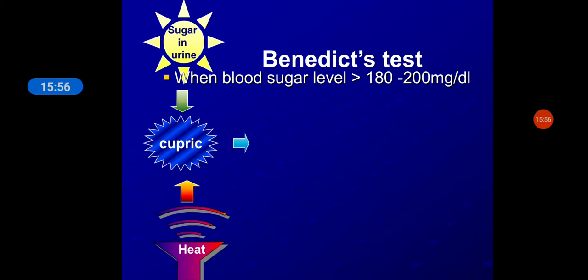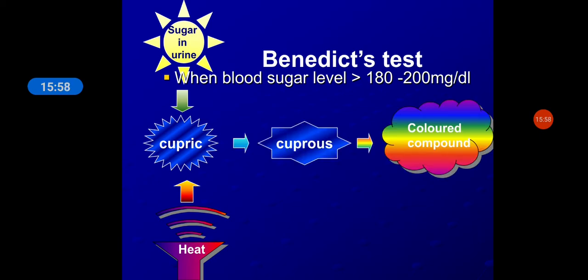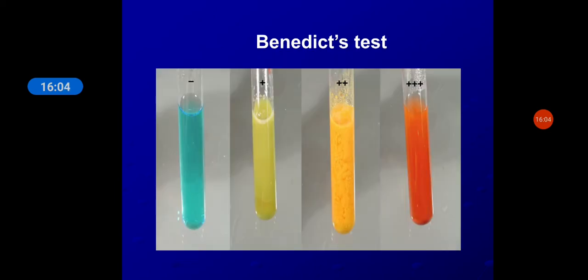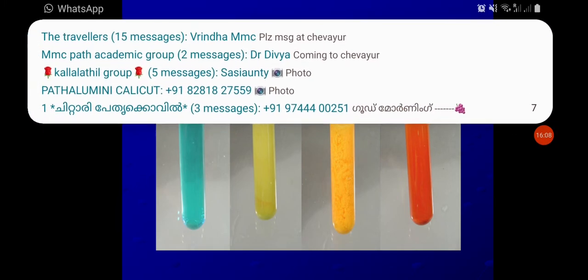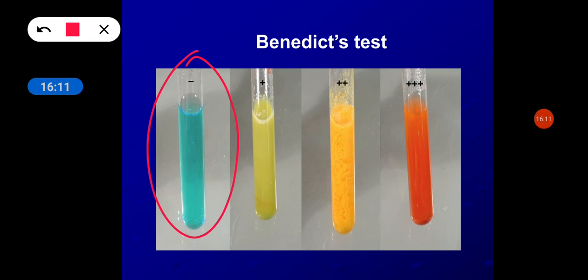That is the reaction which happens, and there you will get a colored compound. The first thing you are seeing is a negative one. Then you have 1 plus, when you have a little bit, that is light green, and then you have orange, and then brick red. So you can grade it accordingly.